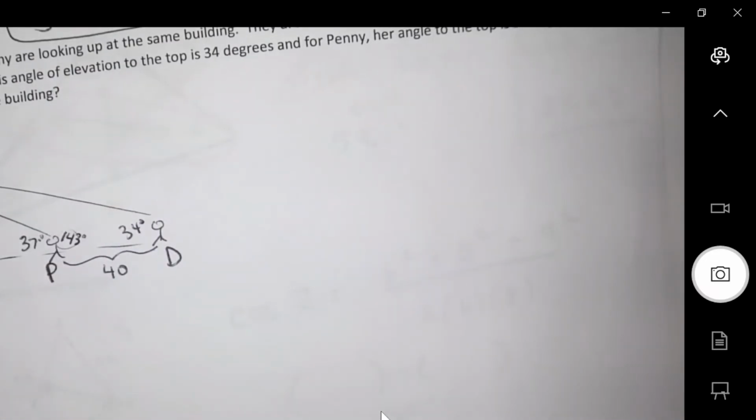So use a lot of 180s and get the rest of those angles. Okay, that's good. So here's what we're going to do.